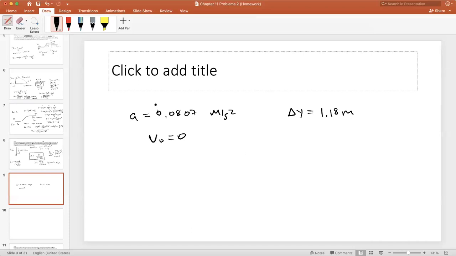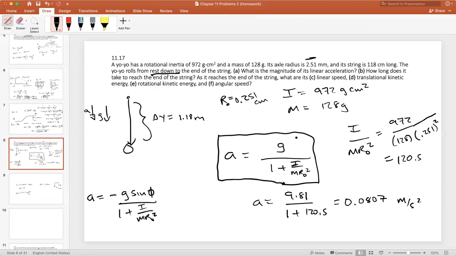We assume, again, constant acceleration as it falls, and therefore the change of y is v naught of y times t plus, we're assuming that we're going down, plus a t squared over 2. So y initial is 0, y final is 1.18 meters. And we're also assuming g is down, but that was already done in the first part.